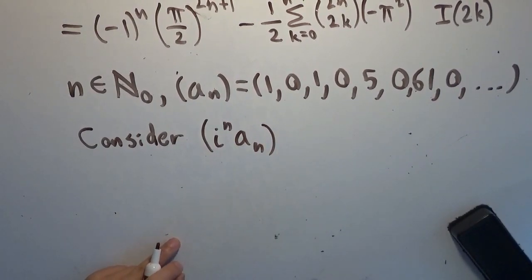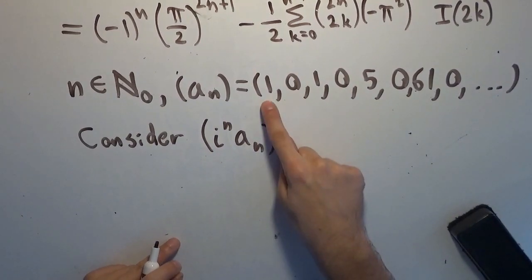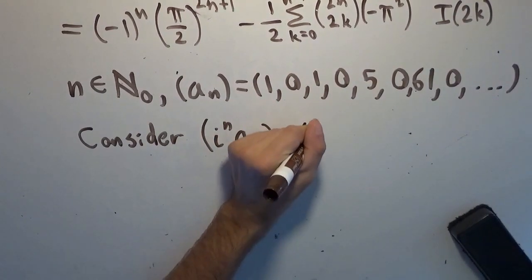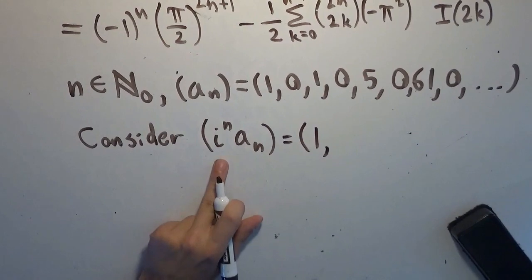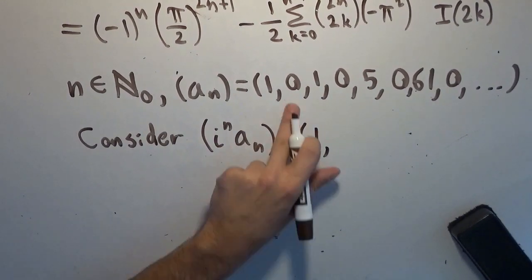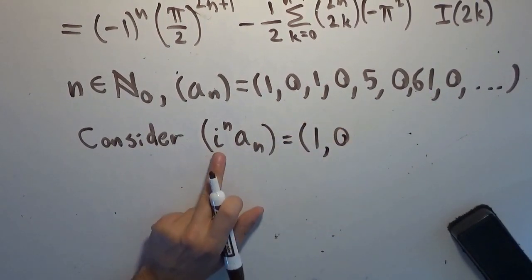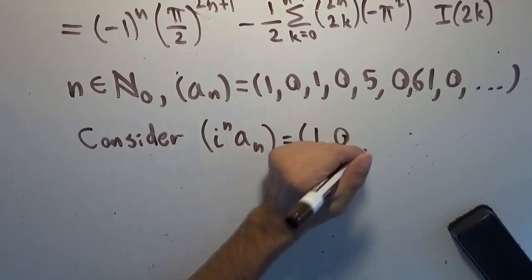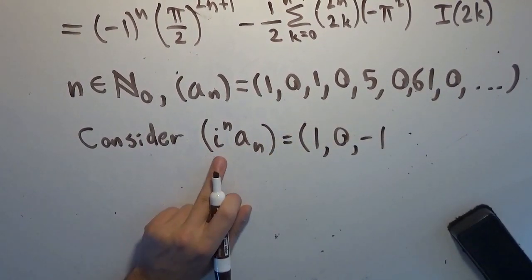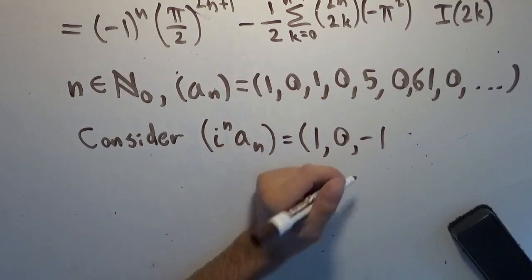At the 0th term, i to the 0 power is 1, so we still get 1. i to the first power is i, multiplied by 0 gives 0. i to the second power is -1 times 1 gives -1. i to the third power is -i times 0 gives 0.